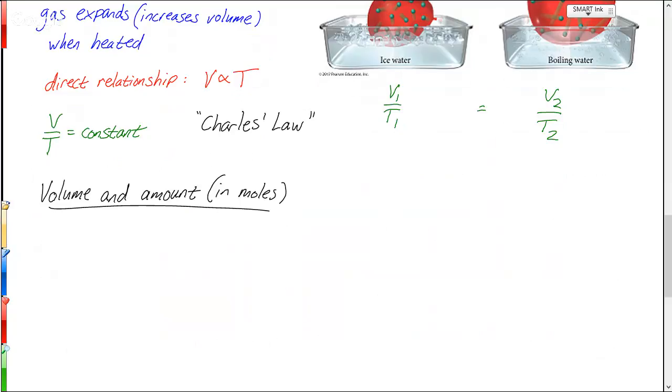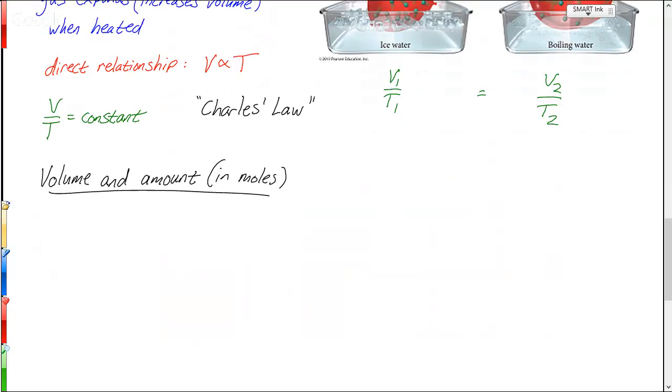You put more gas into a container, the pressure has to stay the same, what happens to the volume? It increases, so this is like blowing up a balloon. If you're assuming that the pressure is staying constant as the balloon expands, then what you're doing is you're putting more gas in and increasing the volume of the balloon. So that's another direct relationship.